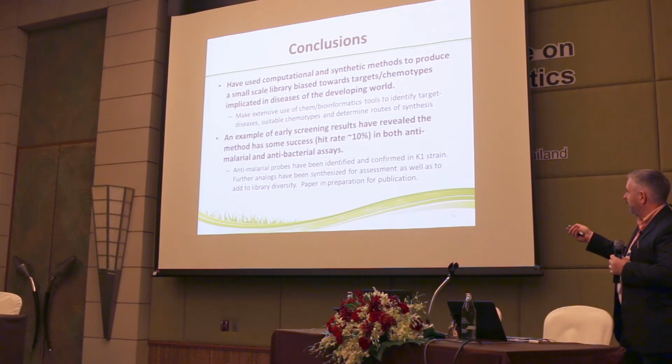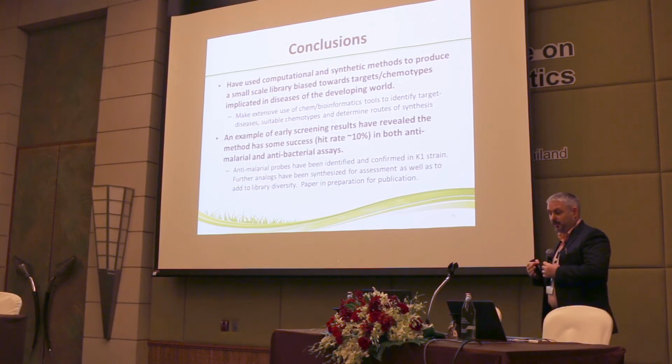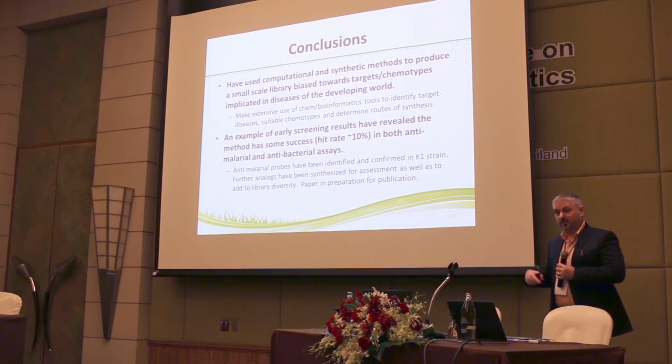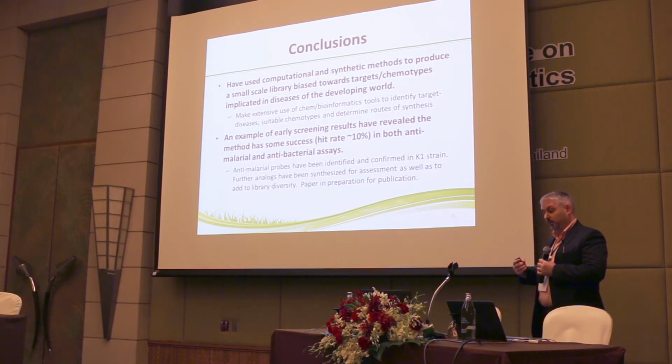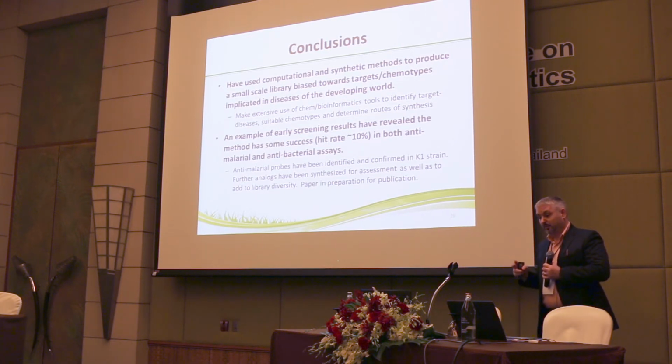In conclusion, we have used computational and synthetic methods to produce a small scale library biased towards targets or chemotypes implicated in diseases of the developing world, such as dengue and malaria. We've made extensive use of bioinformatics and cheminformatics tools to help us bias the selection and synthesis of compounds or targets that we focus on. Some early screening results that we've obtained in malaria and bacteria suggest a hit rate of around 10%, which isn't too bad.